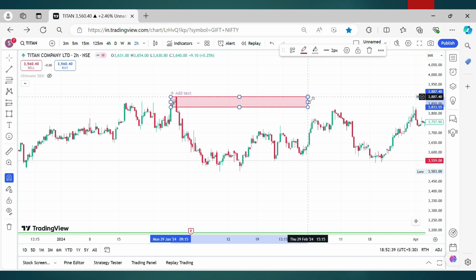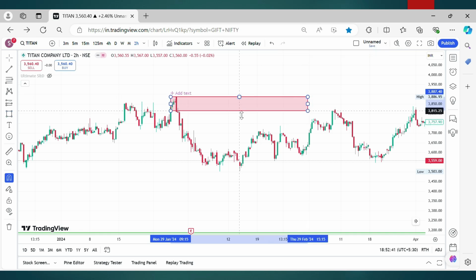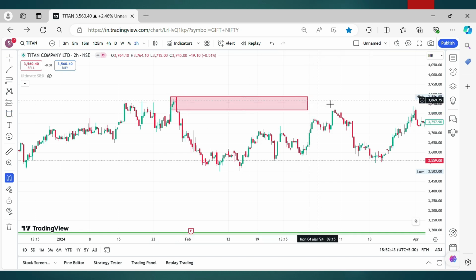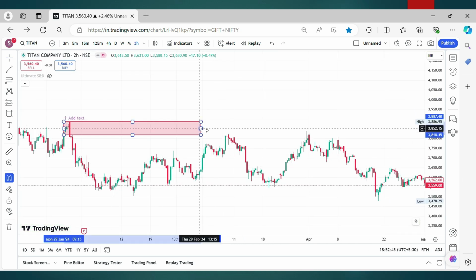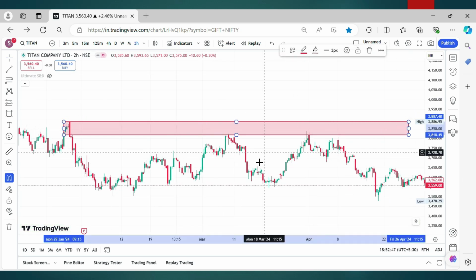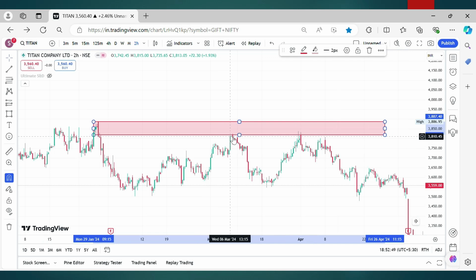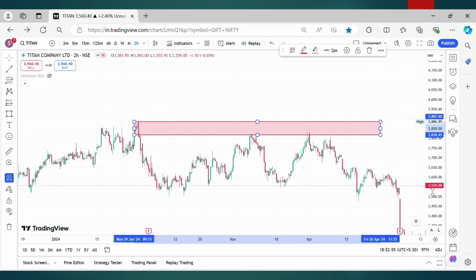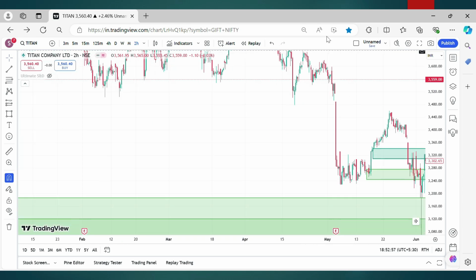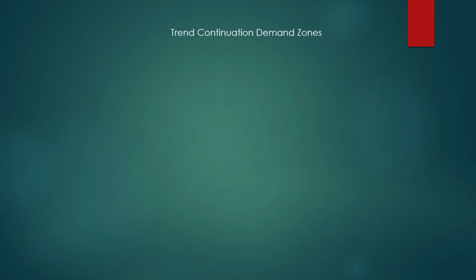Here is the zone, and now let's extend it towards the right side, and we can see that when the price has touched the zone, it has given downward momentum. It has retested twice and it has fallen twice. So this is how a trend reversal supply zone works.